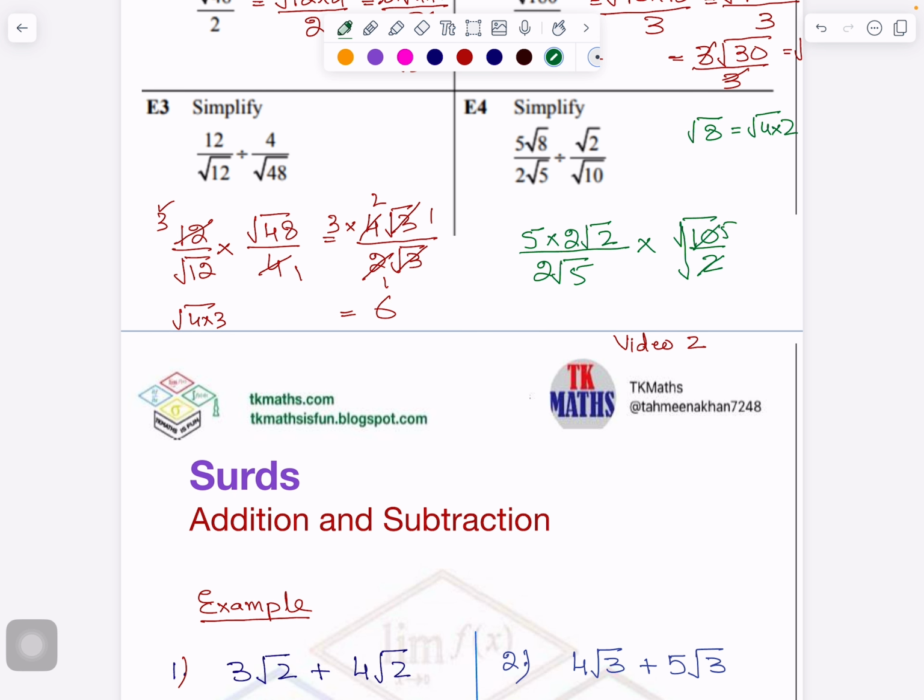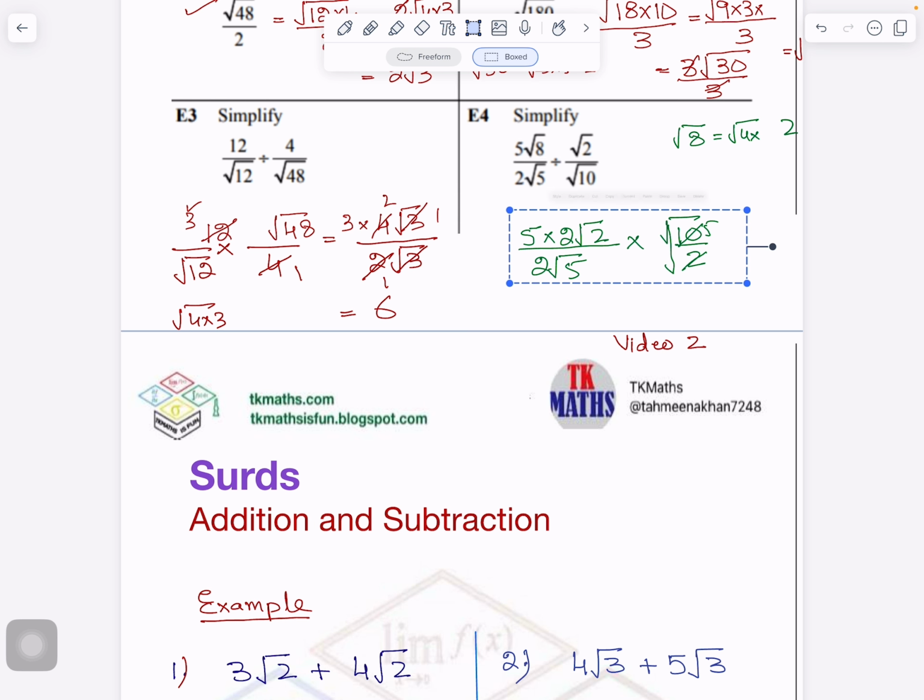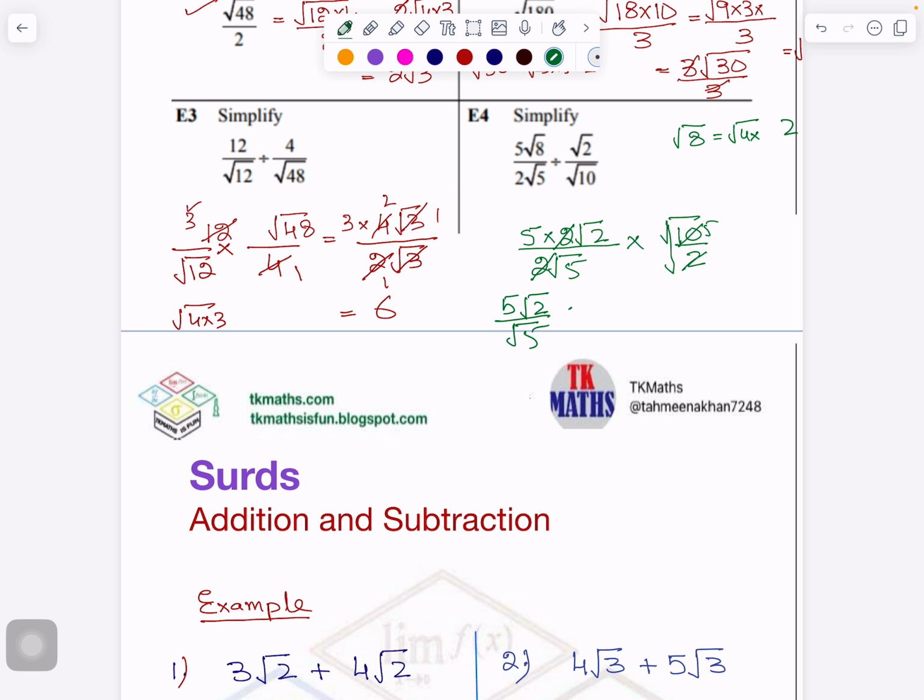Let me move it a bit up so that I have more space to write. This 2 can cancel with this 2. So I have 5 root 2 divided by root 5, into root 5. This root 5 will cancel with this root 5, and I will be left with 5 times root 2.